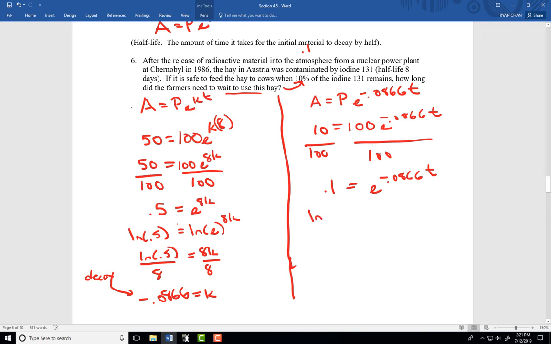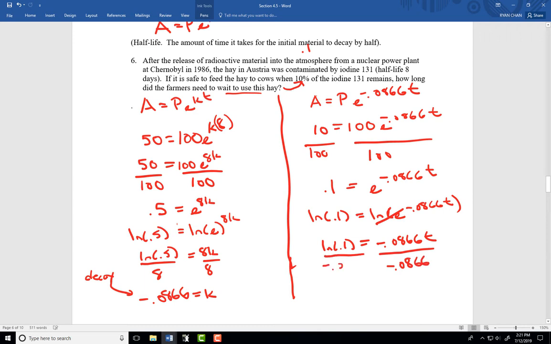So I'll take the natural log of 0.1 and the natural log of all this stuff here. Remember, the e cancels out based on our rules of logs. And it's 26.58. And we're talking about days.